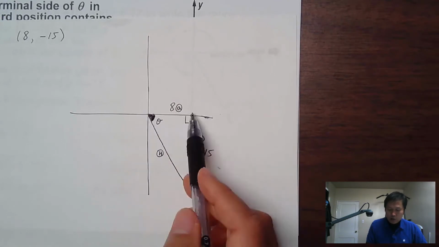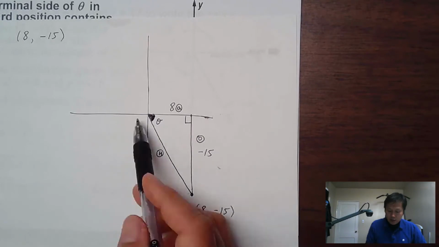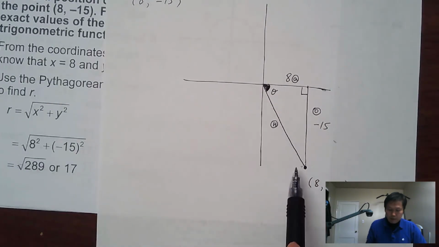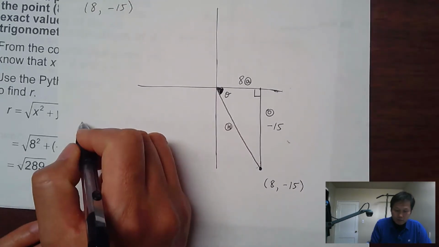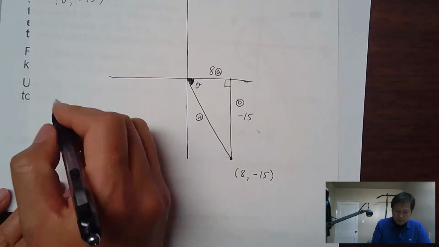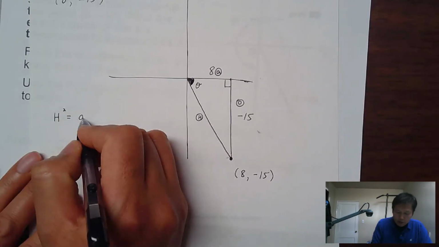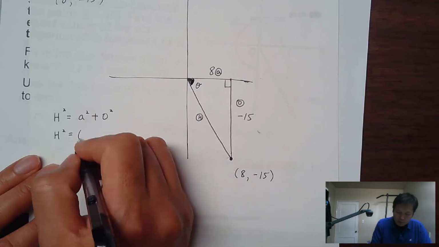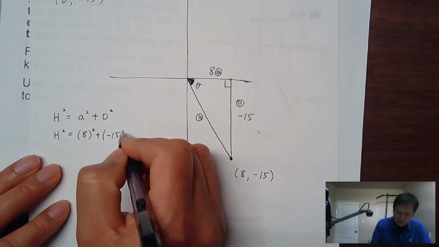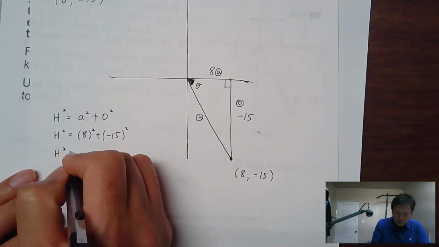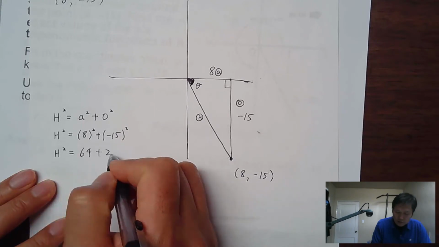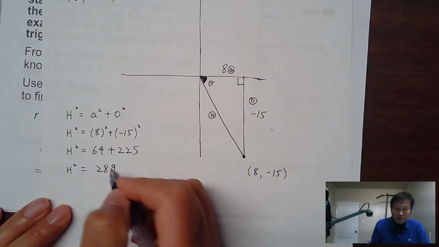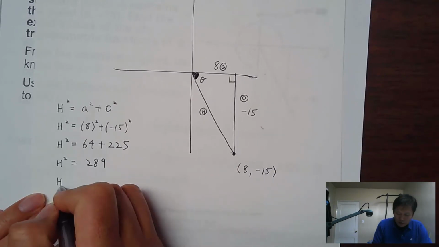With this labeling, adjacent squared plus opposite squared equals hypotenuse squared. So hypotenuse squared equals 8 squared plus (-15) squared, so h squared is equal to 64 plus 225, and that's 289. Take the square root on both sides.